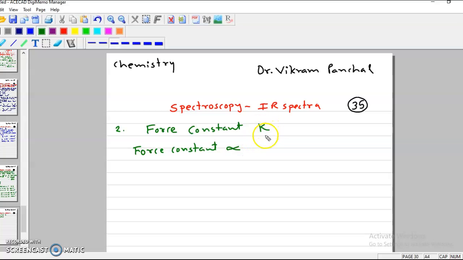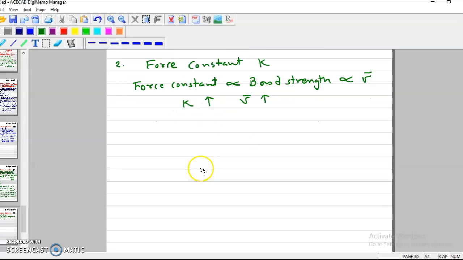So if force constant is high, that means bond strength will be high. And if bond strength increases, it is directly proportional to wave number. So here we can say that K is directly proportional to frequency, and therefore K increases, bond strength increases, wave number also increases.